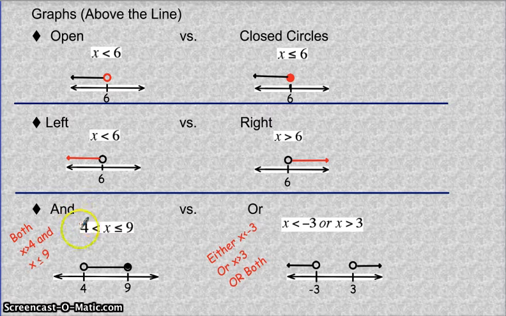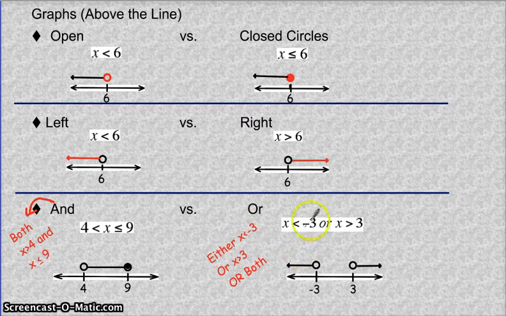Notice that up here it was 4 is less than x, same thing as x is greater than 4. So our line is going to the right of 4, but at the same time, x is less than or equal to 9, so we're going to the left of 9. And we're only going to have those numbers that fall in between that satisfy both statements. And a great word to think of when you think about and is the word both.